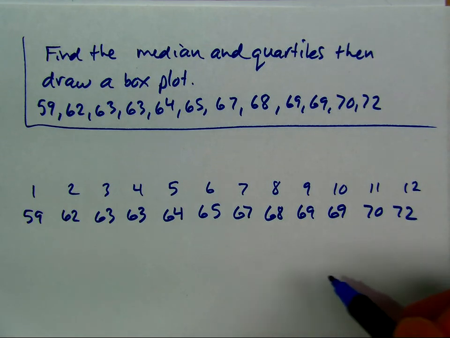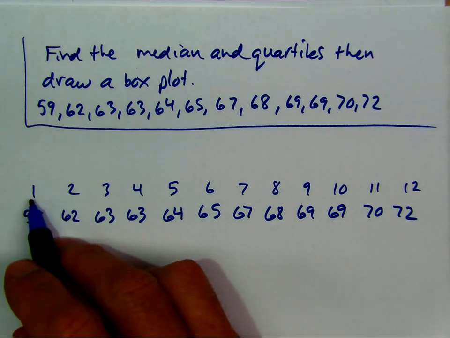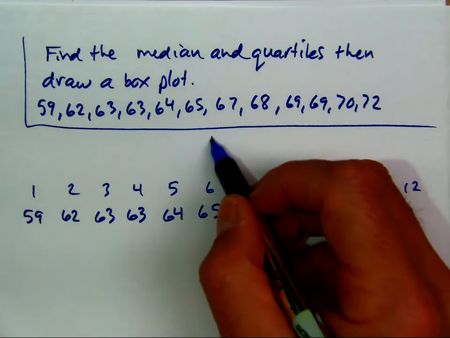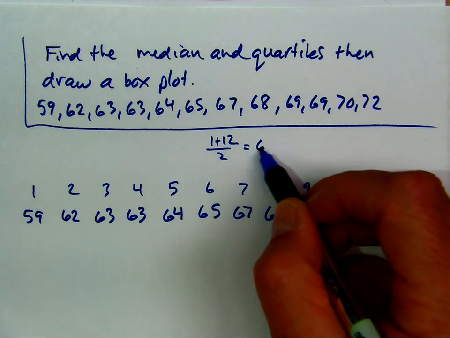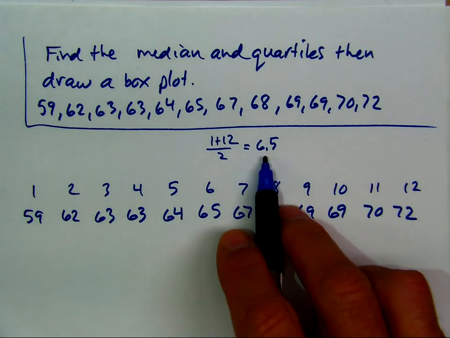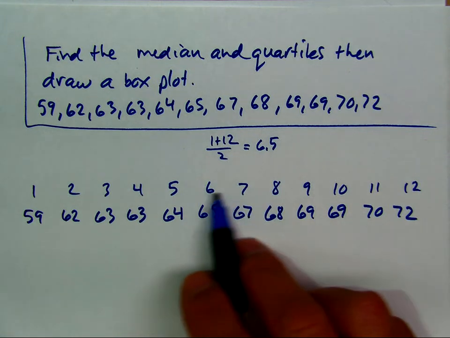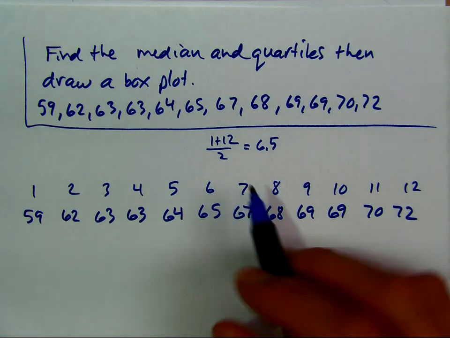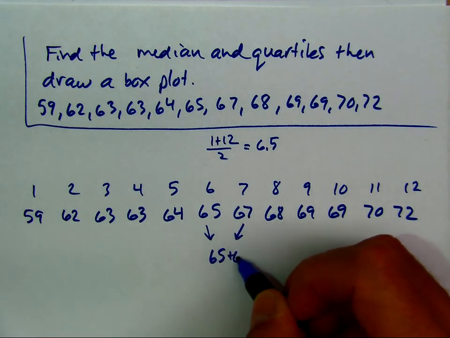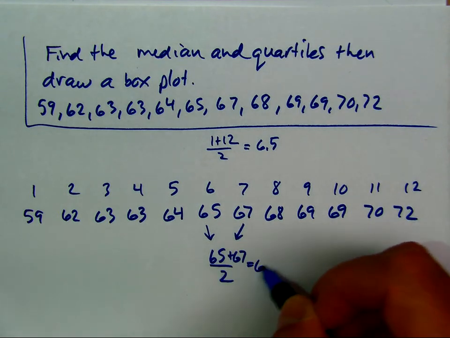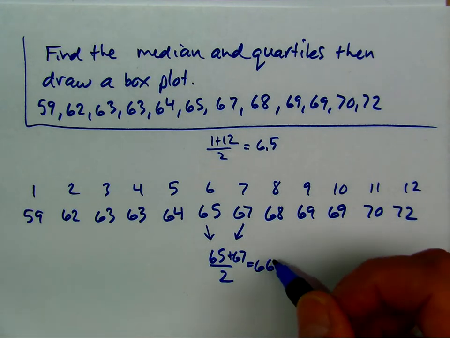So here's a way to do it, where you just take 1 plus 12, divide by 2, and we'll get 6.5. So 6.5 means the median is between the 6th and the 7th scores. So that means we take the mean of 65 and 67, and we get 66. So that's the median.